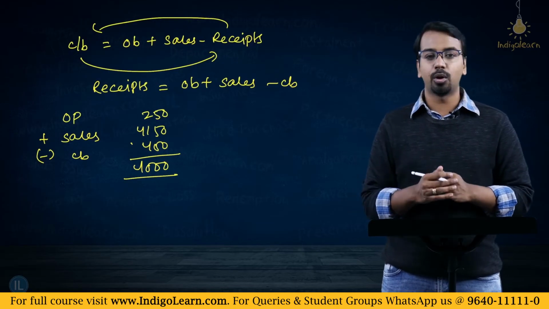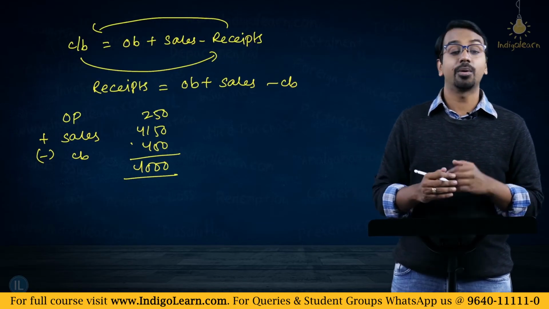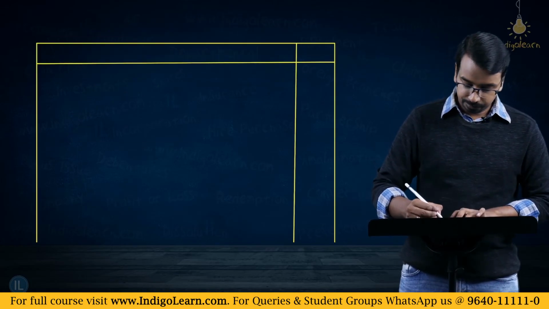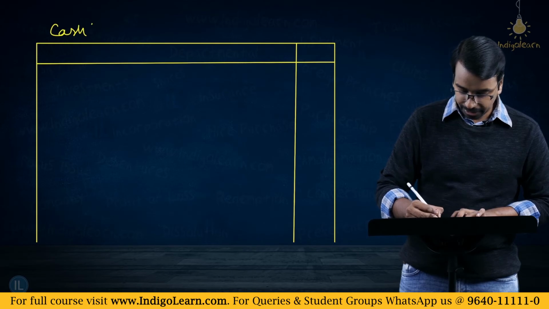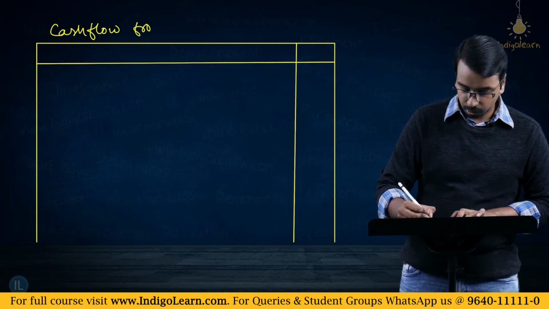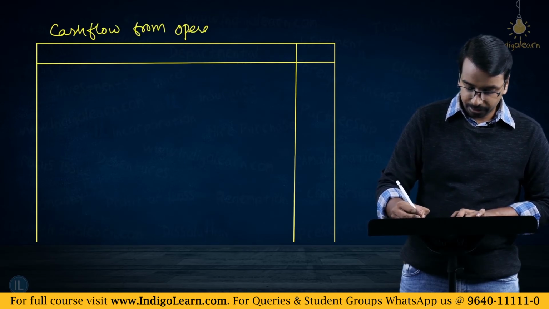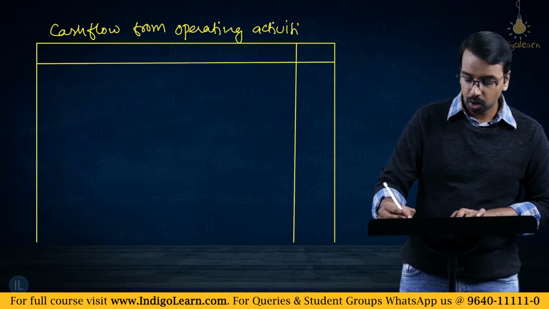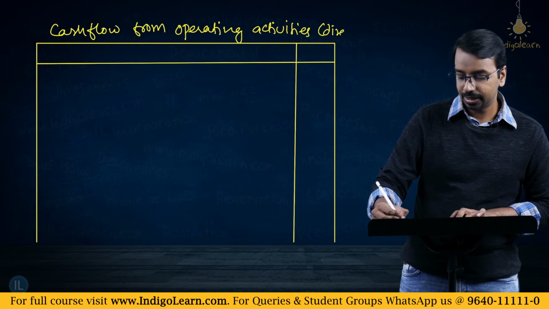Now when we have this amount, we can start preparing our cash flow statement as well. So we can have cash flow from operating activities, direct method.